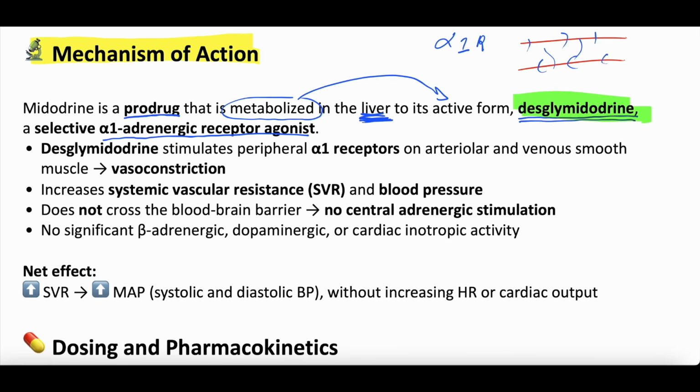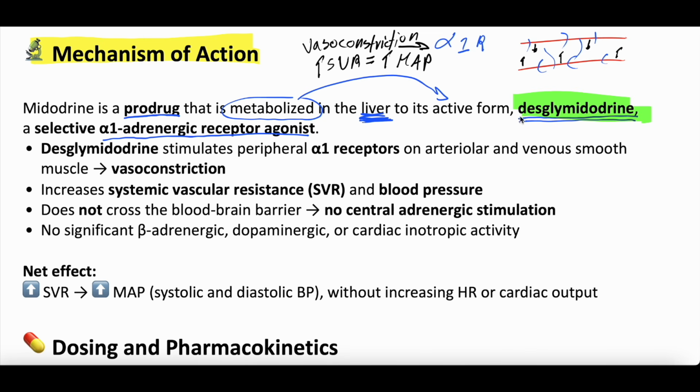So when the alpha-1 receptor is stimulated, it leads these smooth muscles to constrict, and that can cause vasoconstriction, right? So stimulation of that alpha-1 receptor causes vasoconstriction, and that vasoconstriction leads to an increase in systemic vascular resistance, which often leads to an increase in the mean arterial blood pressure, the blood pressure in general.